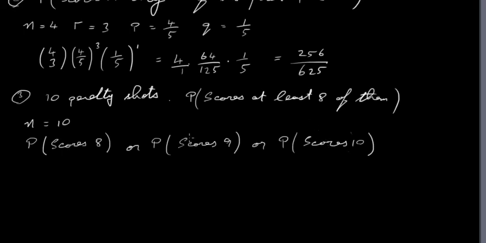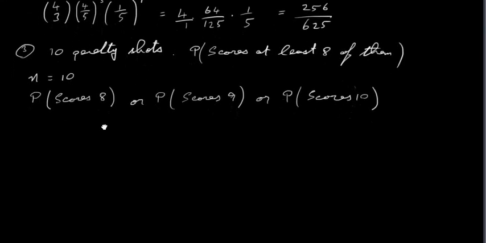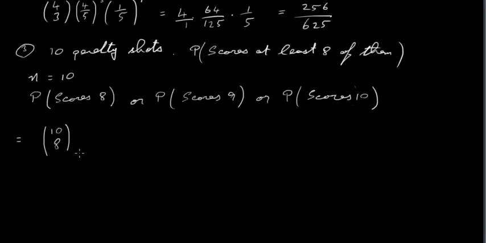Okay, so let's write each one of these out in turn. We know that n is 10. Let's look at this one first. We know that n is 10 and we want him to score 8 successes, remember. So it's 10 choose 8.